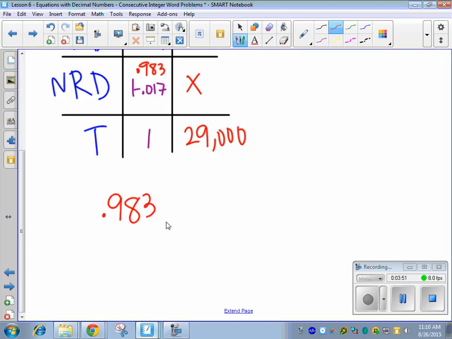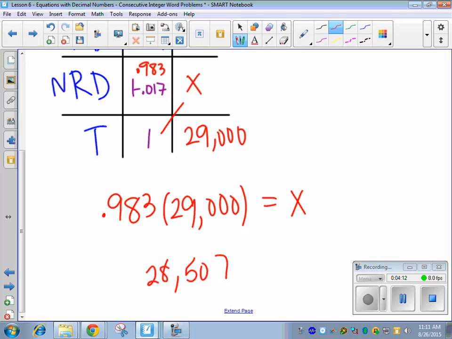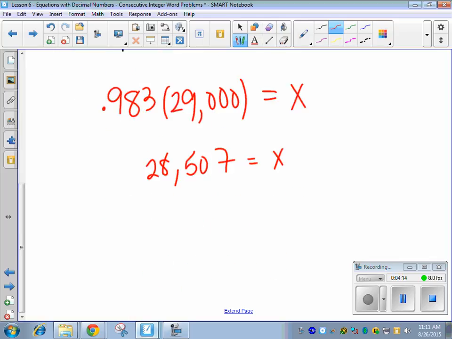So that times that, 29,000 equals 1 times x, which is just x. So then I would use my calculator, 0.983 times 29,000. 28,507. And of course, we always need to label our answer. So this is stars that were not red dwarfs.